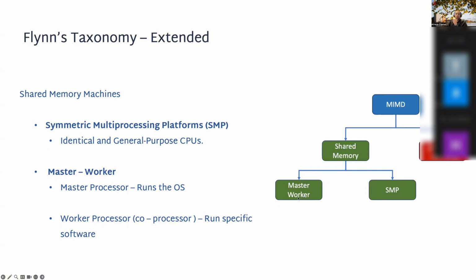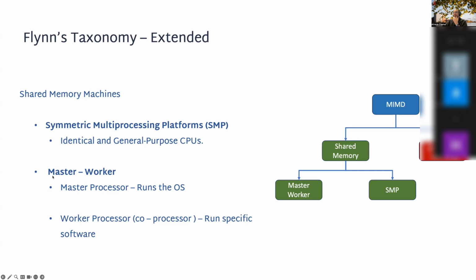The first one is master worker shared memory systems, and the other one is symmetric multiprocessing platforms or SMPs. So let's briefly see what these two shared memory architectures are. In symmetric multiprocessing platforms or SMPs, you basically have different cores, but they are identical in terms of their characteristics, right? So these are just general purpose CPUs that you have on your desktop or on your laptops.